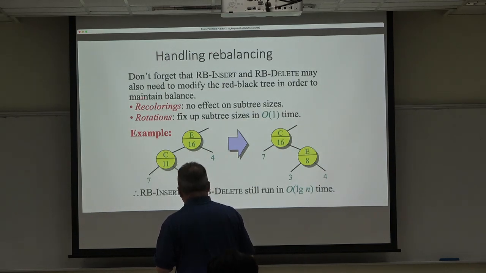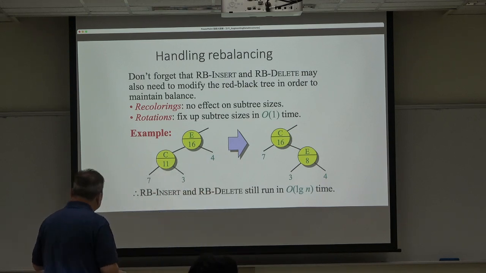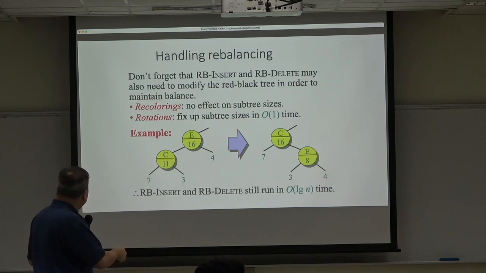For recoloring, there's no effect on the subtree size because we are not changing the structure of the tree anyway. But in the rotation, for example here, let's say we are doing a right rotation. You can see the size of this subtree is 7, the size of this subtree here is 3, and the size of the subtree here is 4.